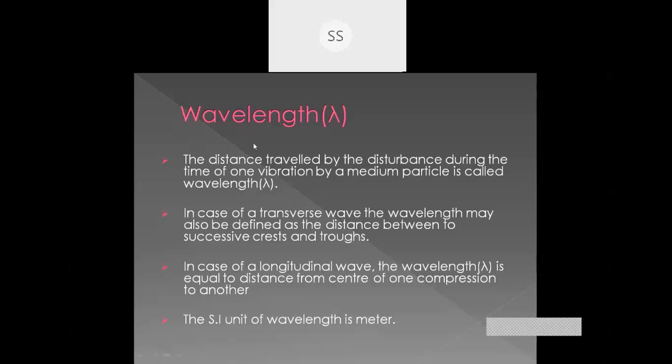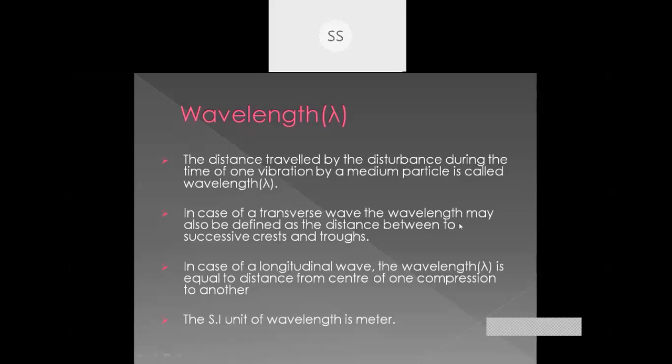So first is the definition of wavelength: the distance traveled by the disturbance during the time of one vibration by a particle of the medium. Wavelength is different for different types of waves.